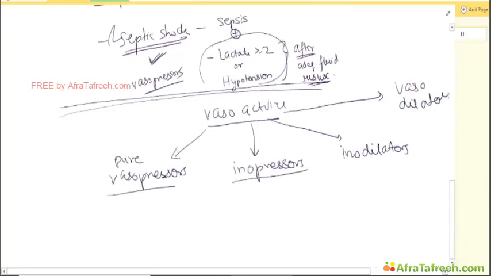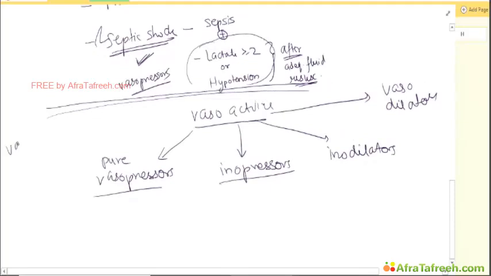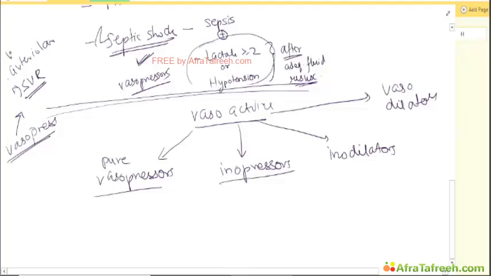Okay, what does all this mean? Okay, so vasopressor, what do you mean by vasopressor? By vasopressor you mean increasing the systemic vascular resistance by arteriolar constriction, arteriolar and venous constriction.